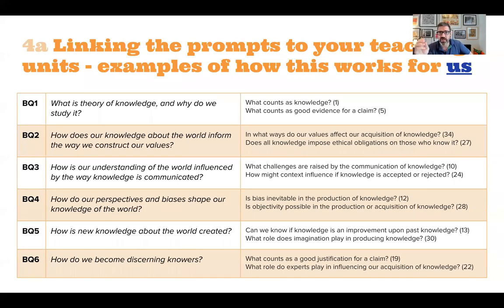And within our units, I designed some lessons that run little practice exhibitions, 2 practice exhibitions before they do the final exhibition. So in Big Question 2, when we do that unit, we are doing a practice exhibition. So we look at all of the prompts linked to values, and I get my students to choose just from those.